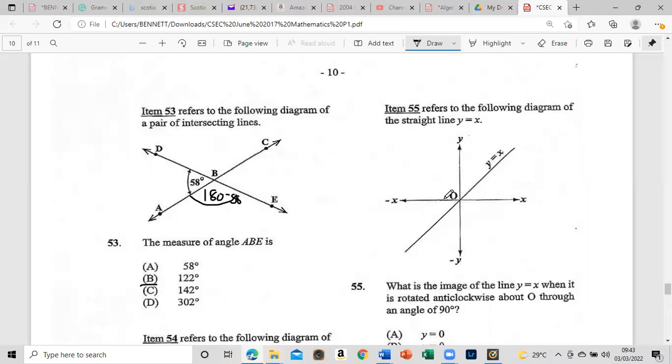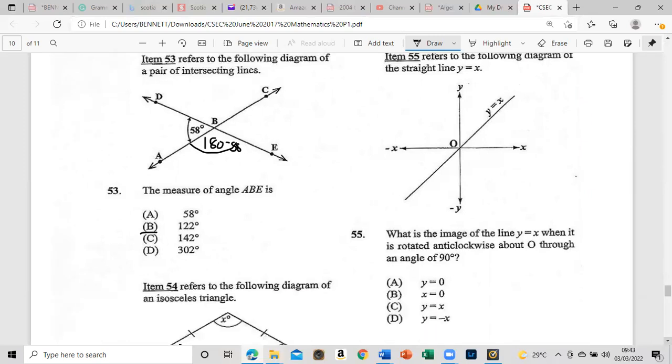So this is 90 degrees, anticlockwise. So right here, that will be part of it.